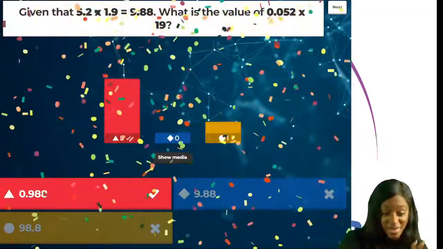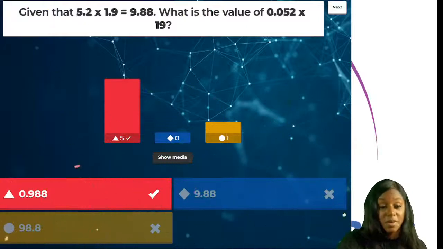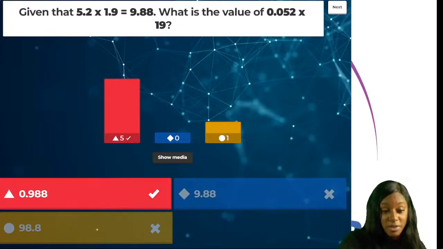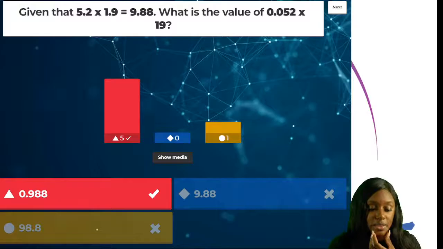This question, you could have answered in 2 seconds if you have some knowledge of multiplying decimals. And those of you with the course, the grade 6 animated course at www.jumpstartinstitute.com, if you went through the videos and the practice questions, you would have seen questions similar to this. So allow me to explain.